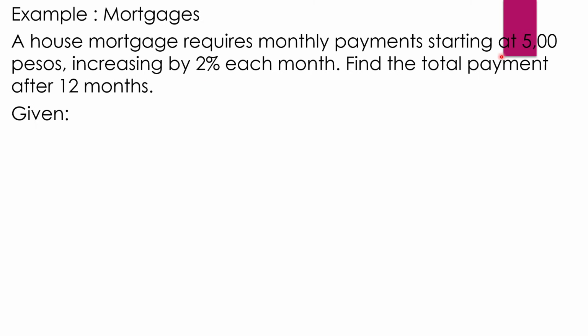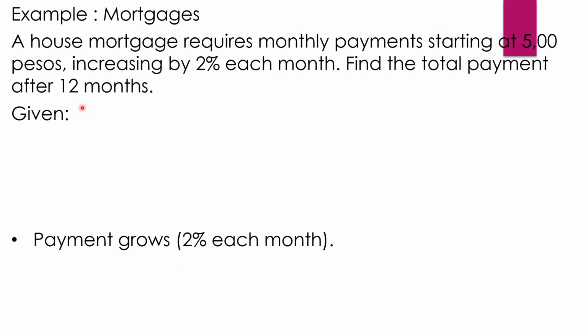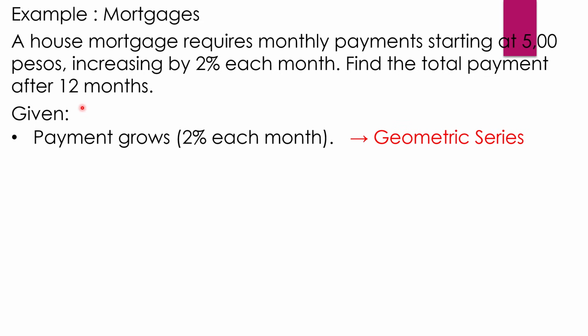So 2% of 5,000. Since it already mentions here that it grows each month, we're using the geometric series because it grows month per month for 12 months.